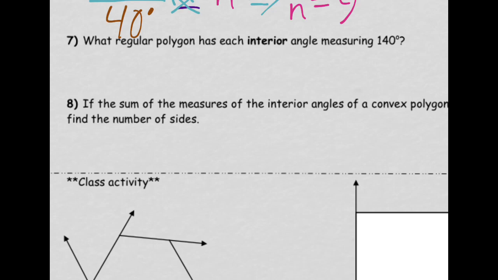All right, I hope you had success on this one. For this, we've got to have 180 times how many sides? We don't know. N minus 2, right? But that gives us the sum of all of our interior angles, so we have to divide that by the number of sides to get each interior angle.